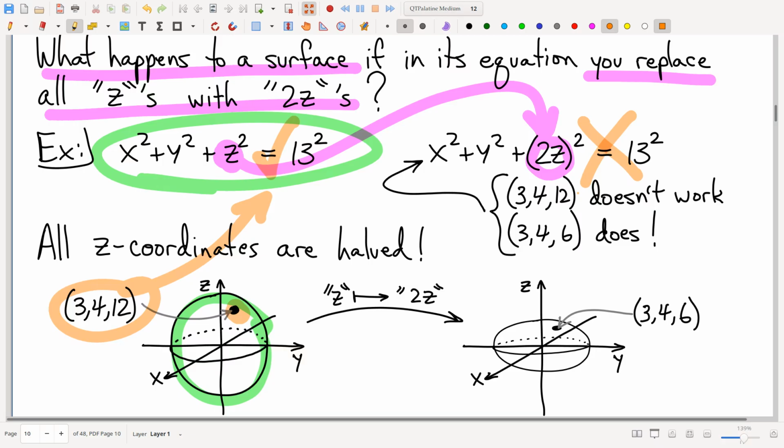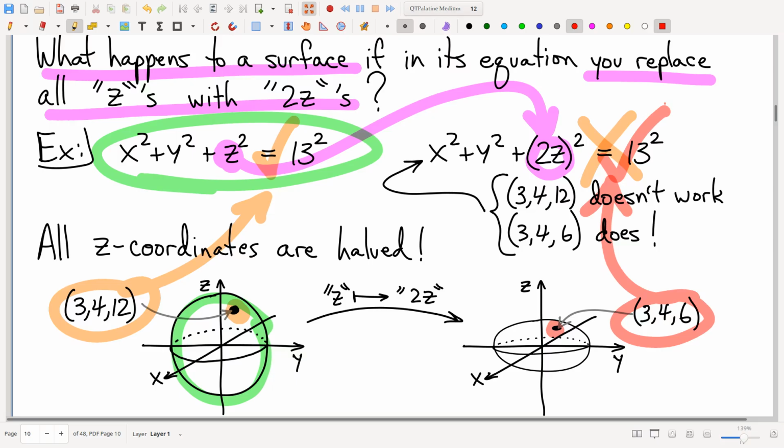And so the cool observation is that even though 3, 4, 12 doesn't work, 3, 4, 6 does work, because this whole business about multiplying by the 2, yeah, I saw that coming, right? I turned the 12 into a 6. Putting 6 there then makes this 12 getting squared, which is what was supposed to happen in some sense, arithmetically.